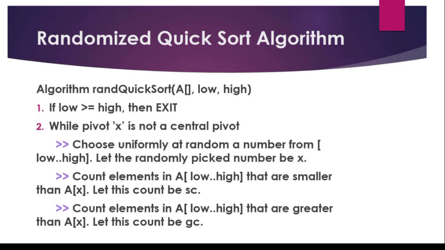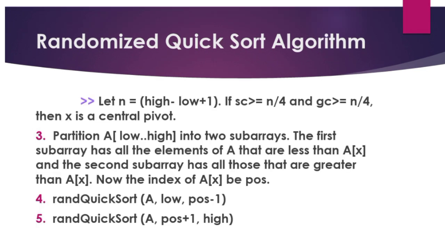Then count elements in A from low to high that are smaller than A of x and place it in SC. Now count elements in A from low to high that are greater than A of x, then place it in GC. n is the total number of elements in that array. Then check whether the count of smaller numbers is greater than or equal to n by 4.